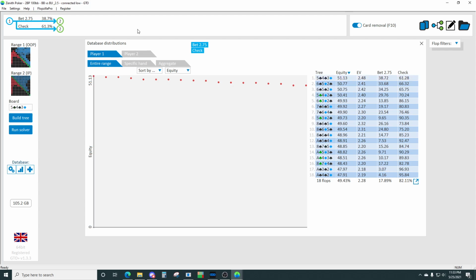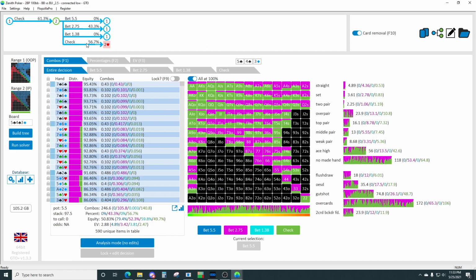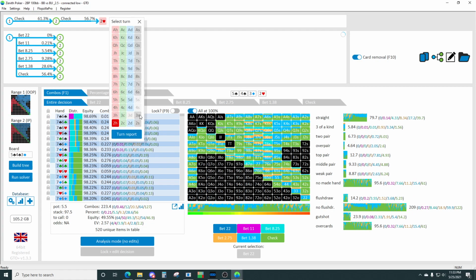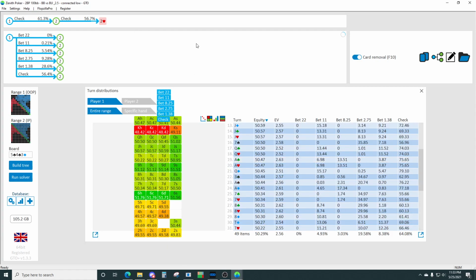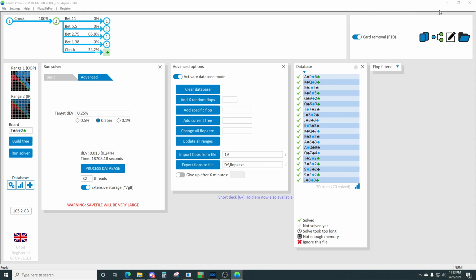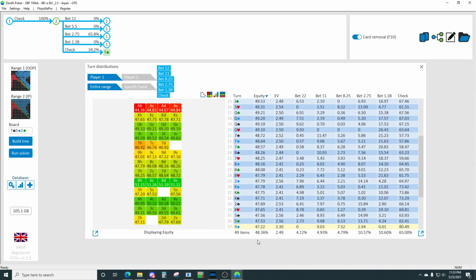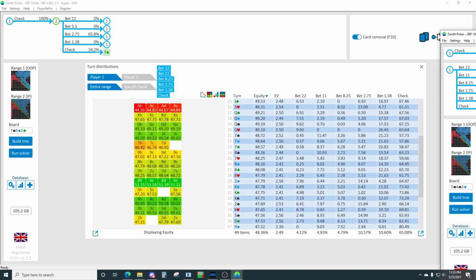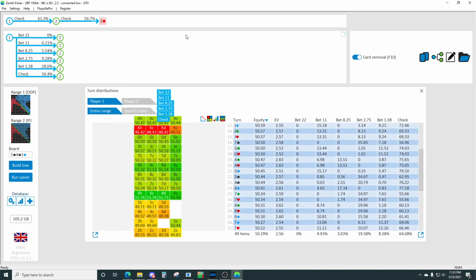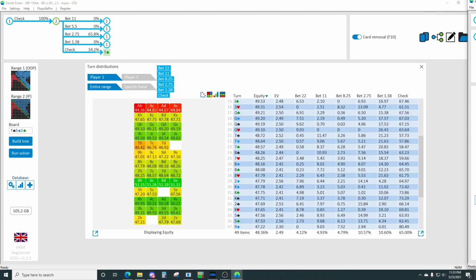But after it goes check check on the flop, the equity is around 50%, and on this board it's going to be slightly lower. So on low connected boards, out of position is going to do slightly more betting, but it's also very run out dependent.